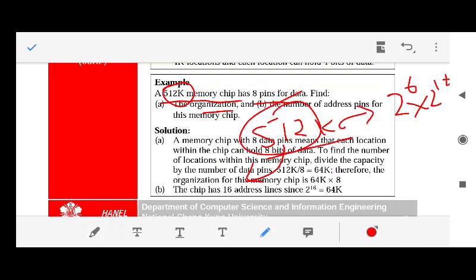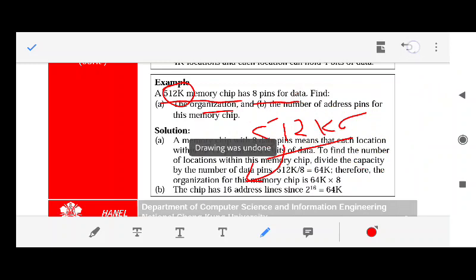Fine, 2 to the power 6 means 512, right? And 2 to the power 10 means 1k. So when we combine both, it has 2 to the power 16. So that means 2 to the power 16 means 512k. That means it has how many address lines? 16 address lines.